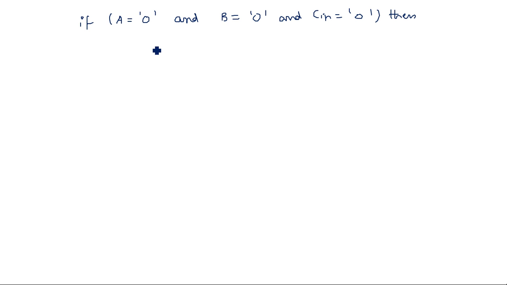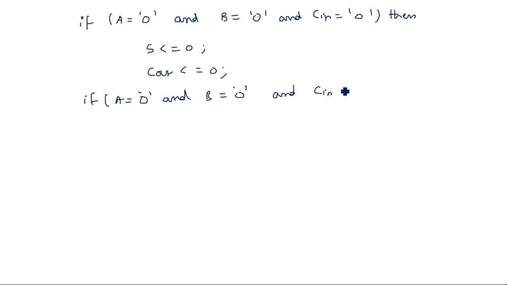Then sum is equal to 0, and on the next line we write c out is equal to 0. Similarly, second line: if a is equal to 0 and b is equal to 0 and c in is equal to 1, then sum is equal to 1, carry is equal to 0.